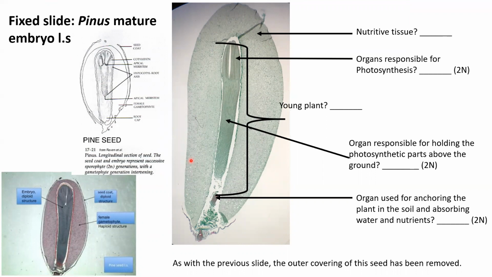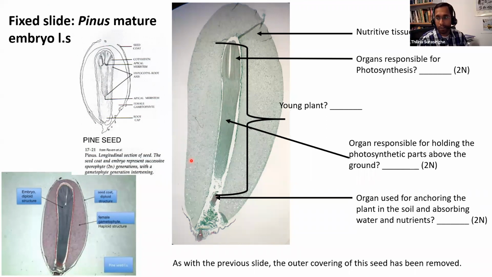The gametophyte, female, be very precise. Female gametophyte or megagametophyte. And these are going to be the photosynthetic leaves, and the rest of the structures are quite self-explanatory.